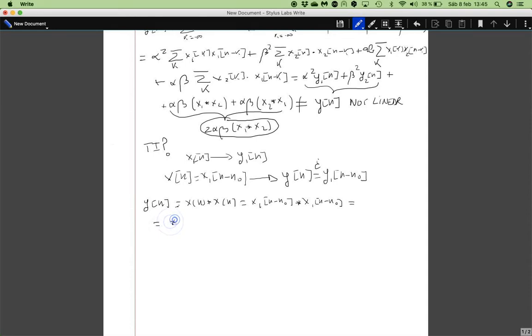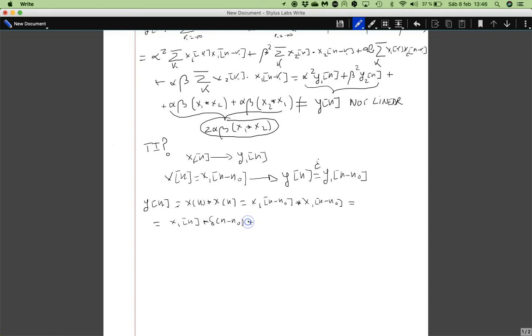This is exactly x1 without delay, but convolved with a delta delayed n0 samples. If you convolve a signal with a delta, what you do is delay the signal by the same number of units that the delta was delayed.